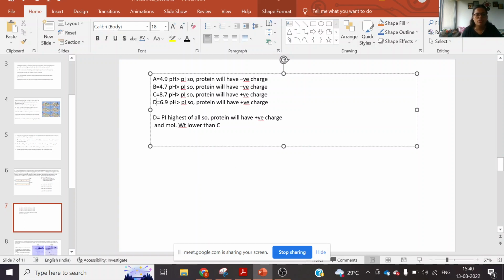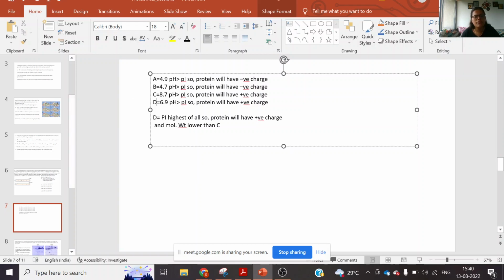So if you see, the pI value is 4.9 for protein A. Here our pH is 7, which is greater than 4.9, so the protein will have a negative charge. Similarly for protein B, pH is greater than pI, so the protein will have a negative charge.